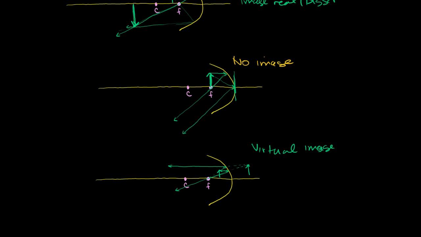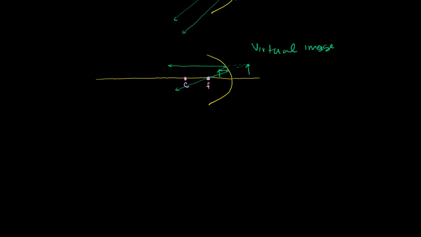And actually, let me draw that a little bit bigger, just because it might not be clear. So if this is the mirror, that is the focal point. This right here is the principal axis. This is maybe you, maybe whatever object. You can draw a ray that goes parallel. It will reflect in the direction of the focal point. So it'll reflect out like that. It'll be blocked by the object, though.